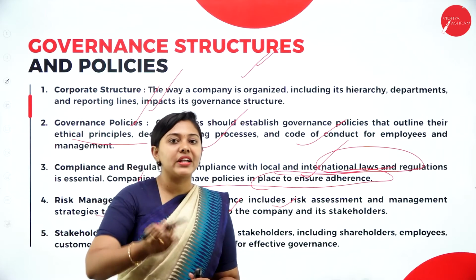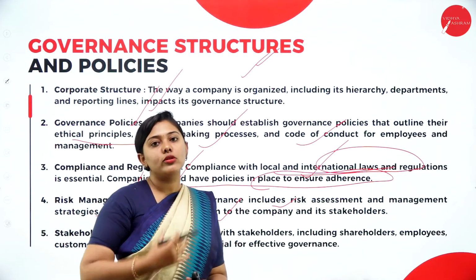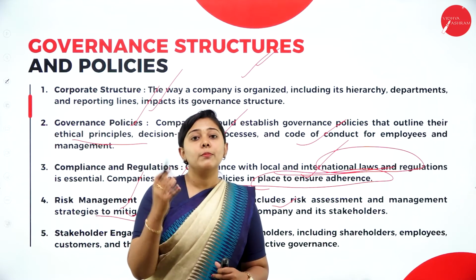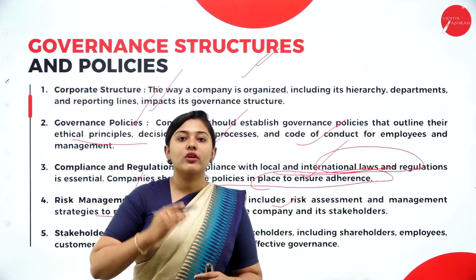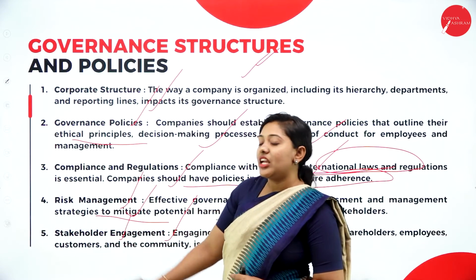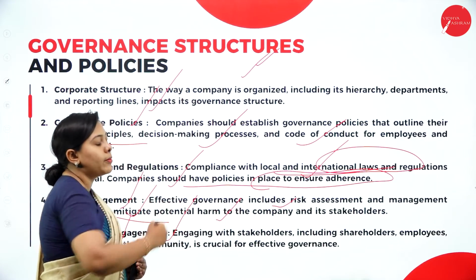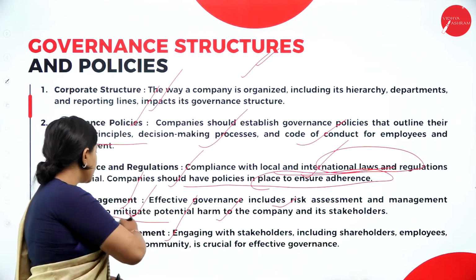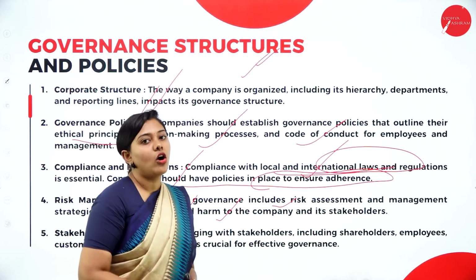Just as you can take better decisions with respect to your education, in a similar way, in every organization, proper governance structure and policies are essential. If you have proper governance and structure, there will be coordination and engagement between all the employees, shareholders, community, and the people around the organization.